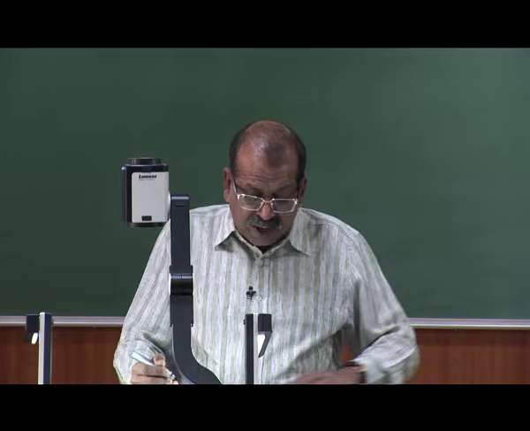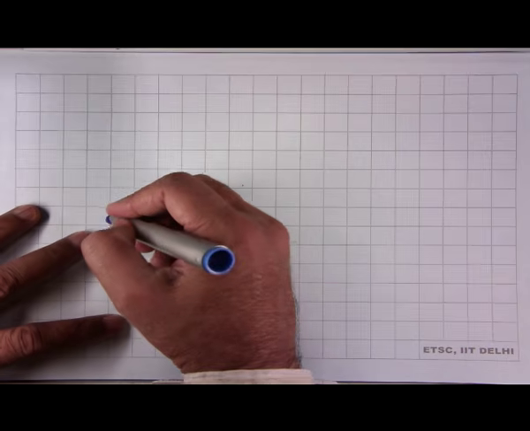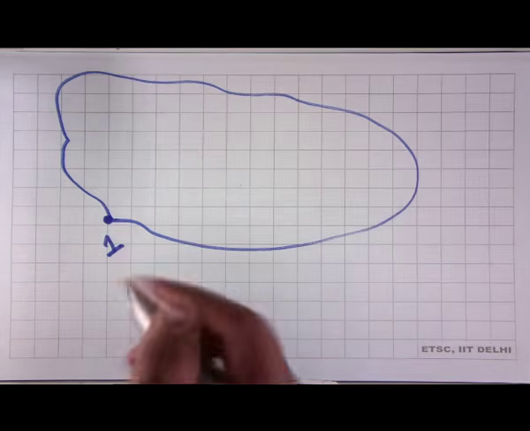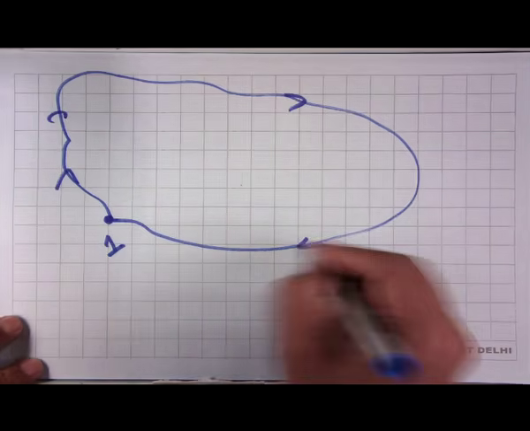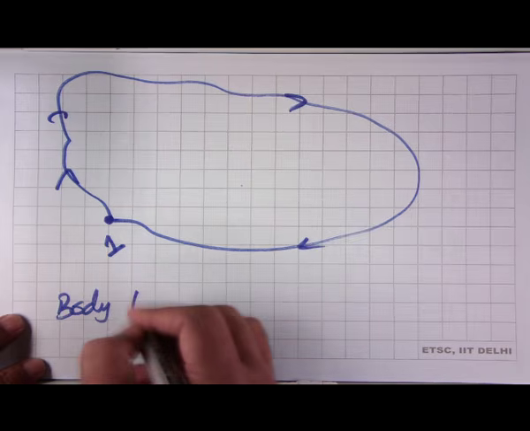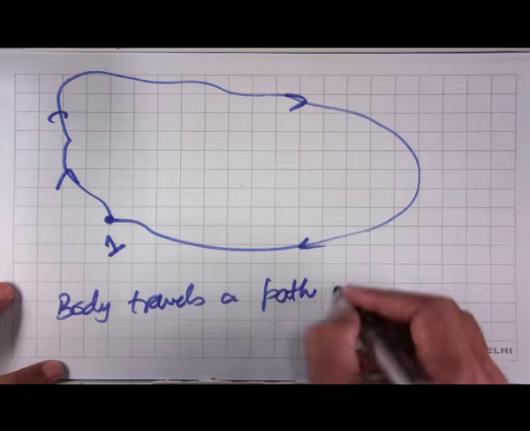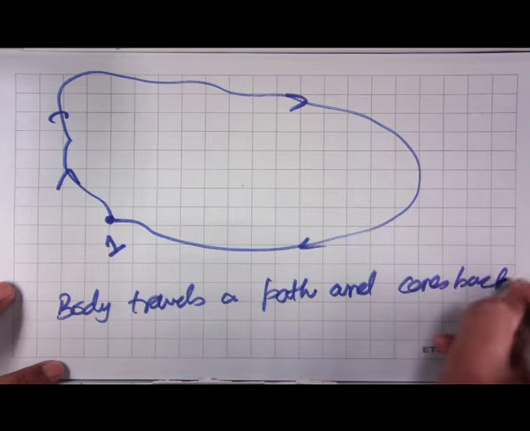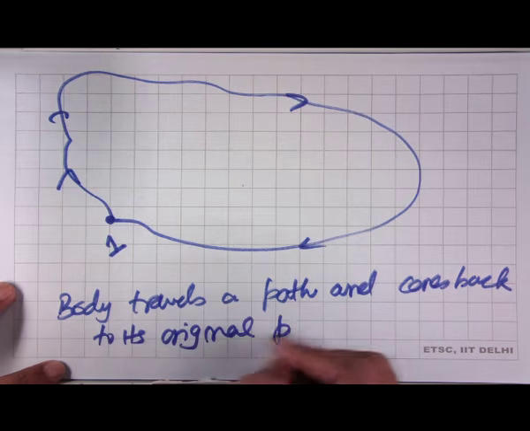The third thing, which is a corollary of the first one which we looked at, is: suppose we have a body 1, it travels along some path and comes back to its original position.